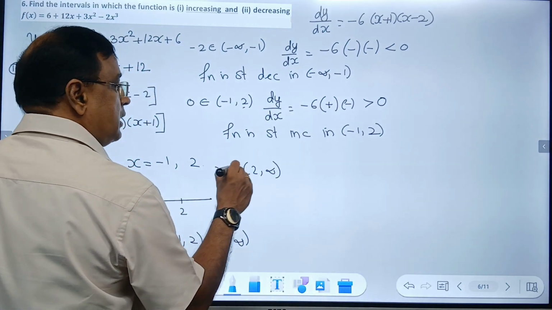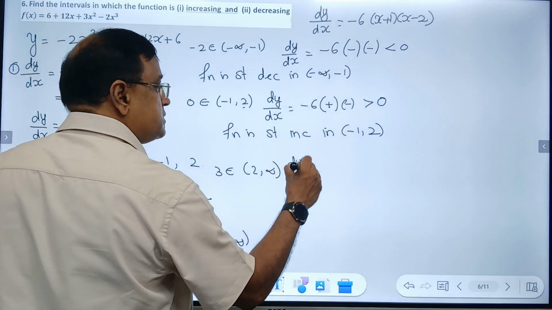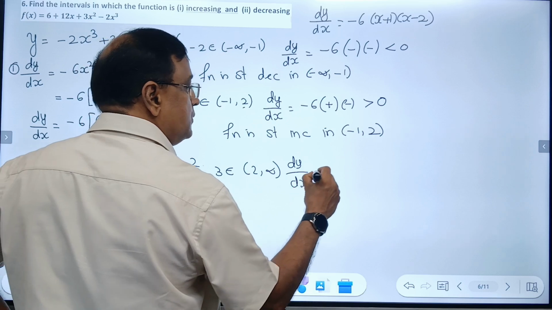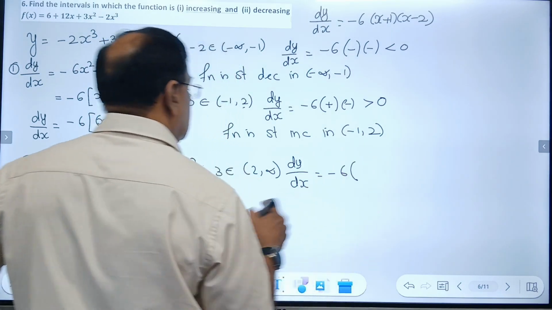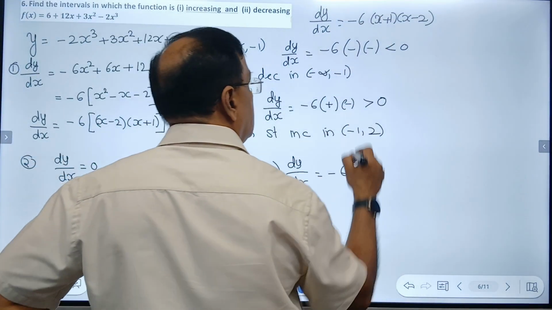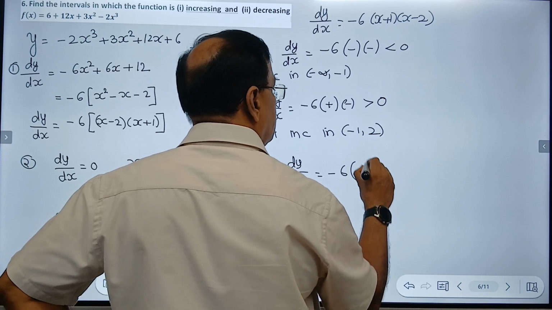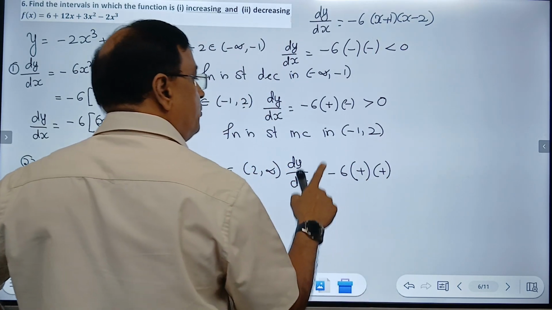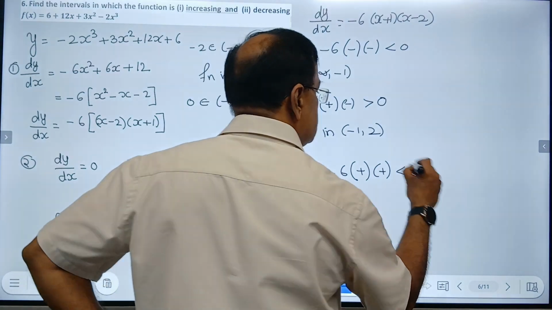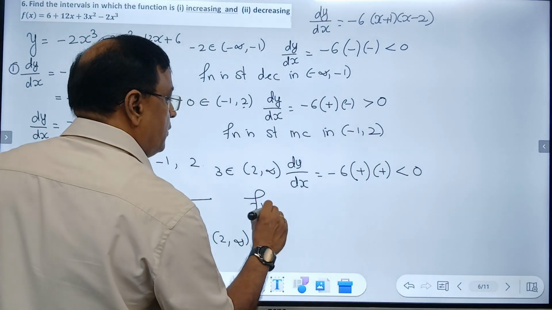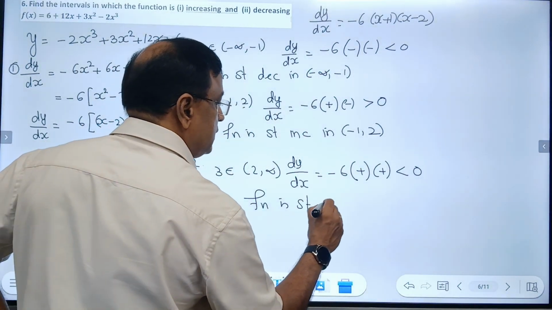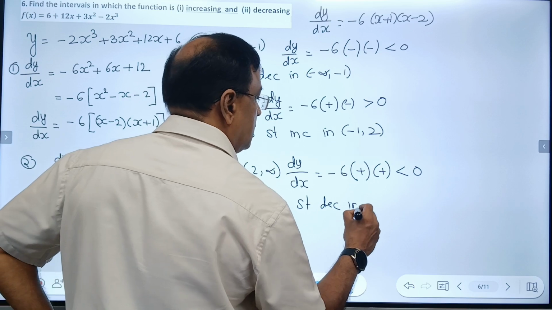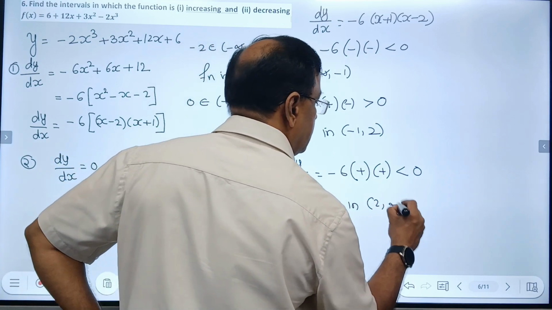Now choose a number between 2 and infinity. I will choose 3. dy by dx will be minus 6 into, I am substituting 3 here. 3 plus 1 is positive and 3 minus 2 is positive. Negative, positive, positive will be less than 0. Therefore, the function is strictly decreasing in 2 comma infinity.